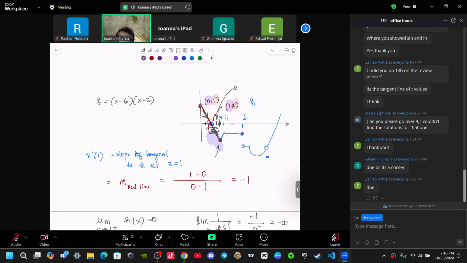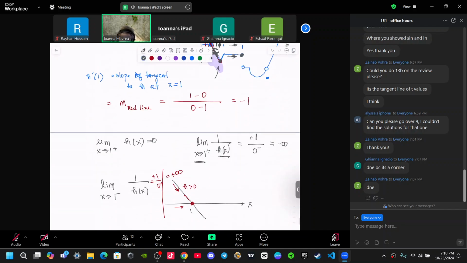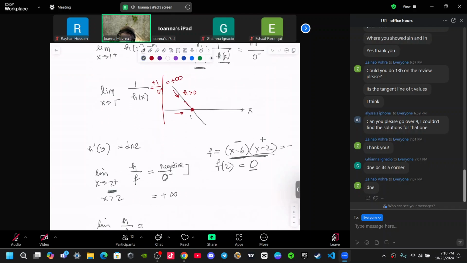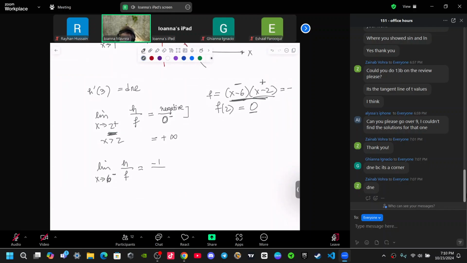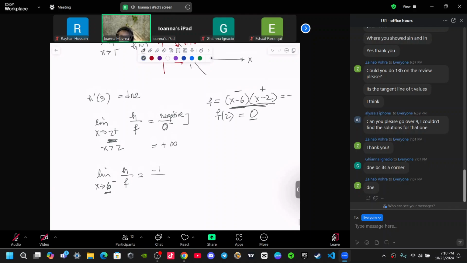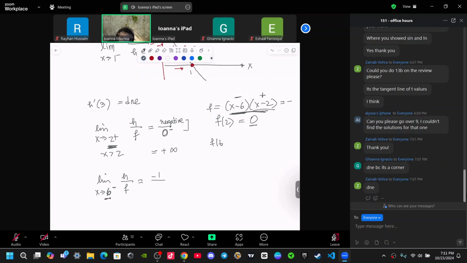If you're going to 6 from the left side, on h, you're approaching this y coordinate. And this y coordinate is -1. You're going to 6 from the left, the y coordinate is approaching -1 on h. So the h is approaching -1. Okay. If you're going to 6 from the left, you plug in 6.